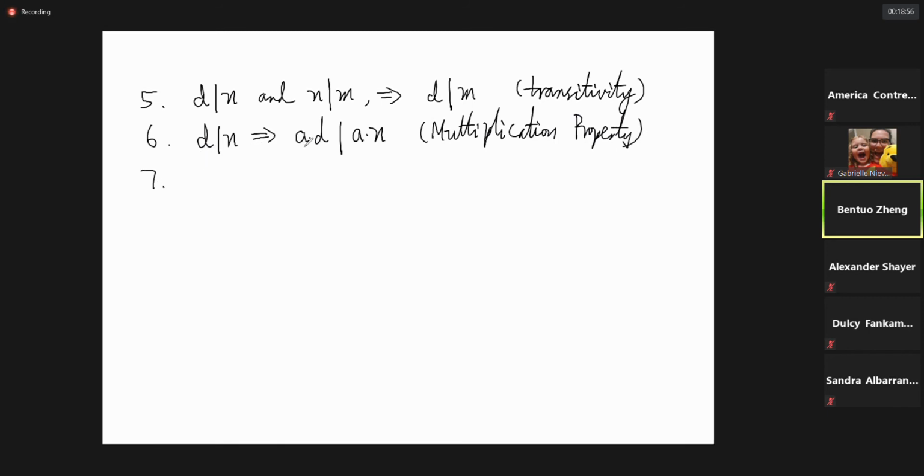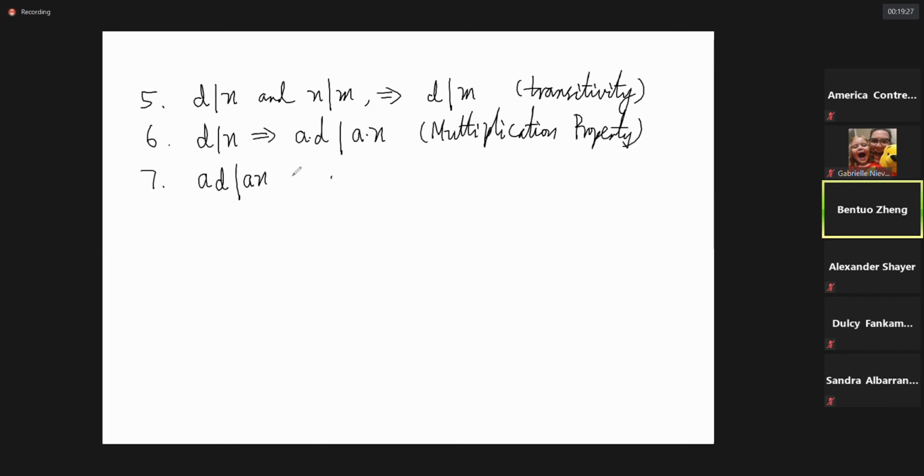So if you multiply the original number, you still keep the divisibility. And the next is the cancellation property. That is, ad divides an. This would imply, okay, so the cancellation property, of course, requires that a is not equal to 0.